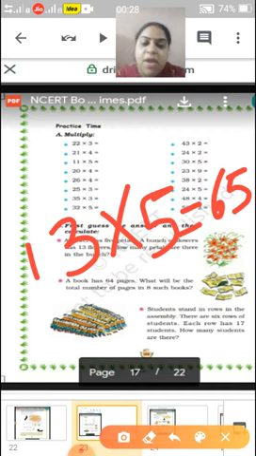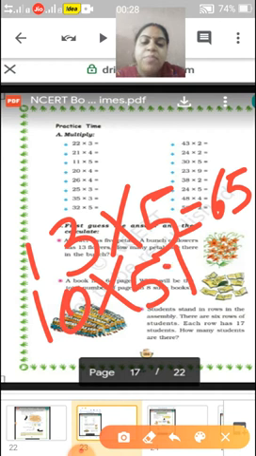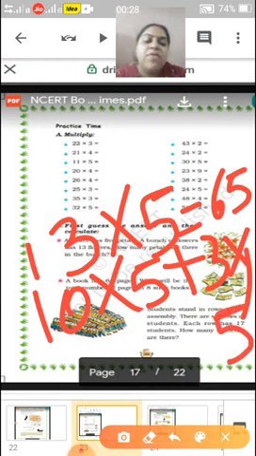Or we can write this as 10 into 5 plus 3 into 5.